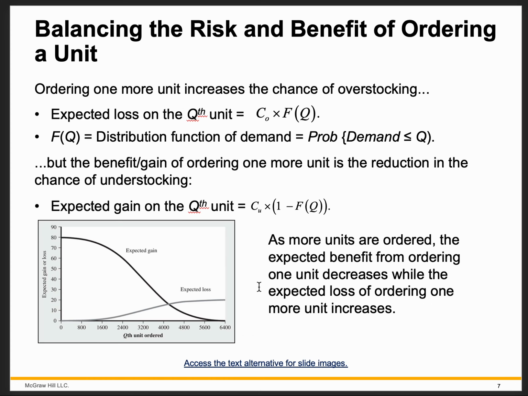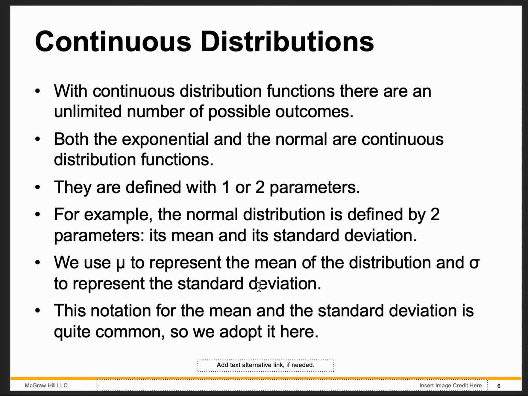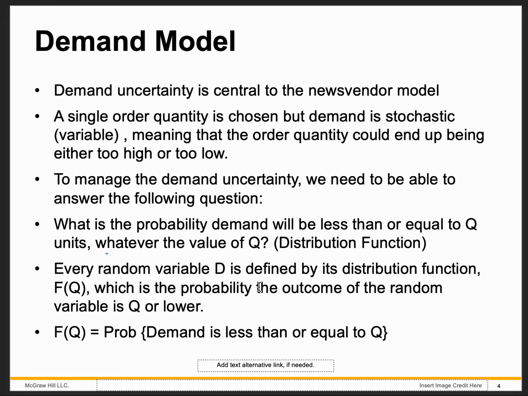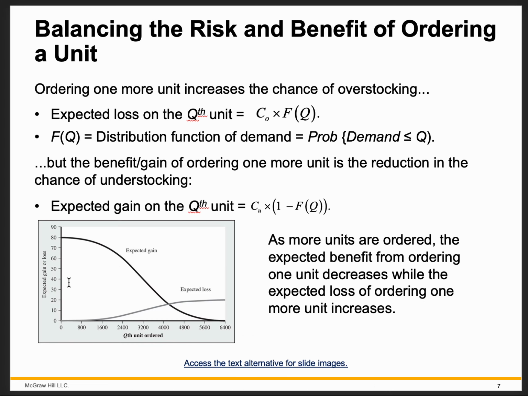Okay. Now, the question is, what is the optimal order quantity? If we know that Q is the order quantity and the demand D has a distribution function F, how do I figure out exactly what that value of Q is? It comes back to a similar idea to the EOQ problem, if you remember. We had two different costs and we found the point where they intersected. We are going to do something similar.